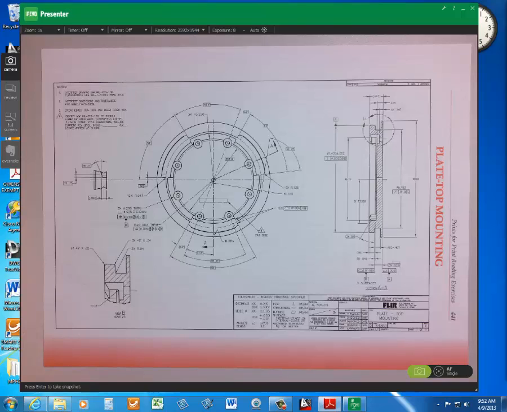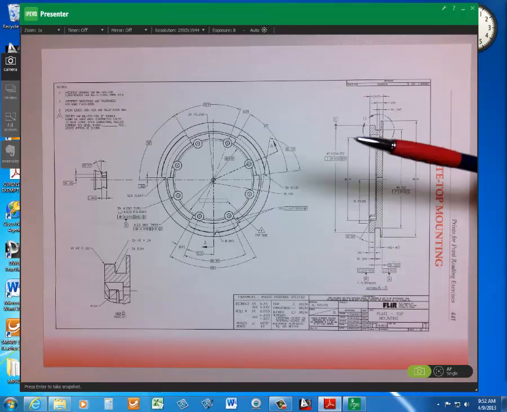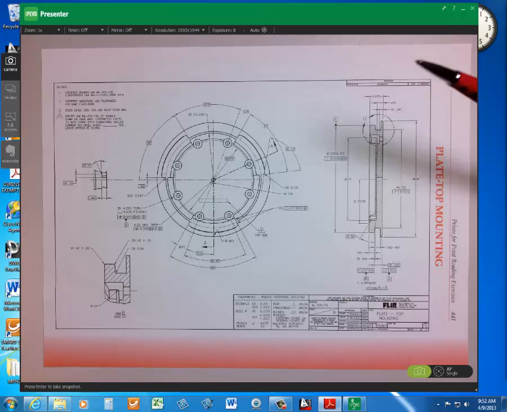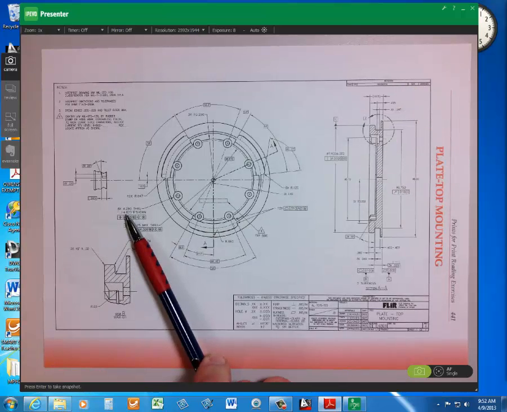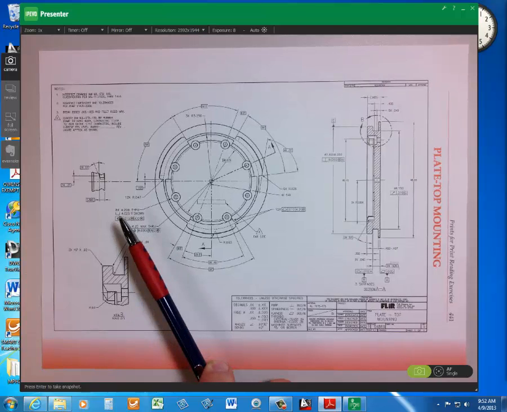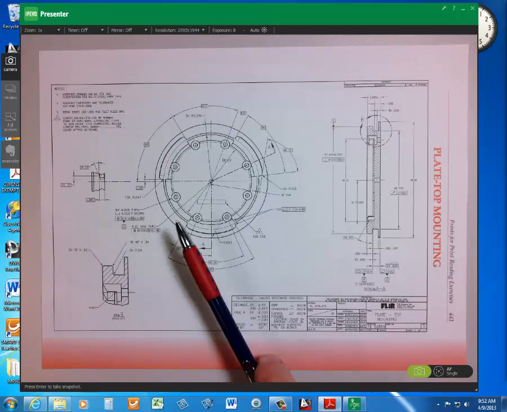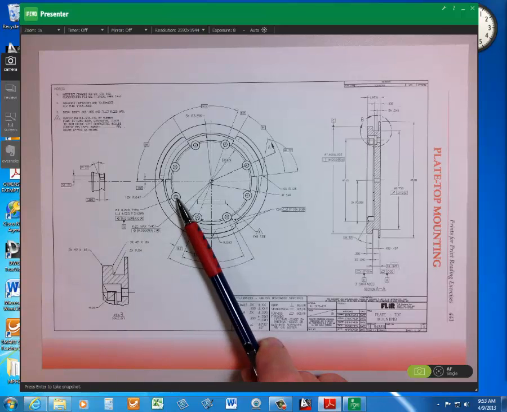Okay. All right, so we're looking at this one. Just got very little to ask about it. 0.290 counterbore over here. There's 8 of them. And are they rectangular or polar coordinate? So the holes, okay, let's see.